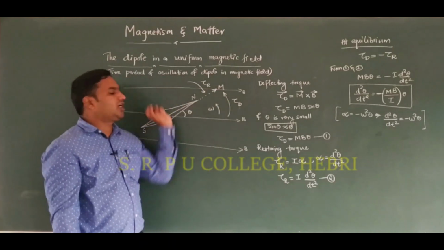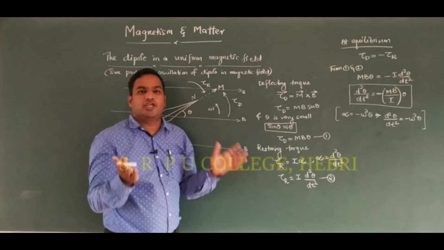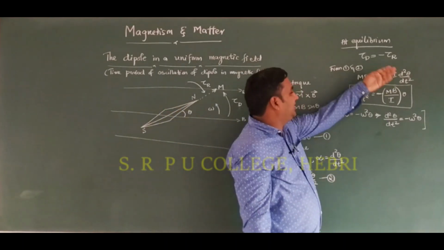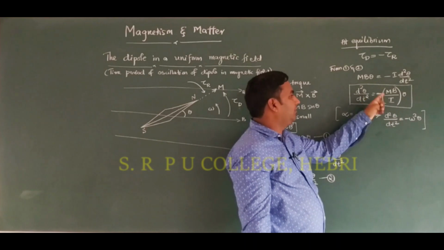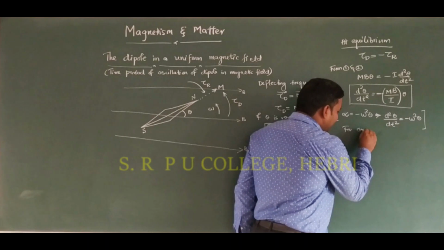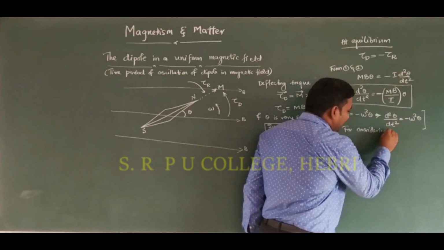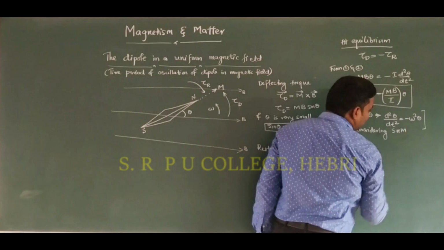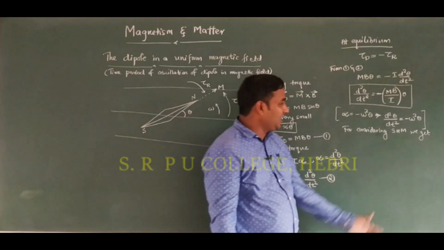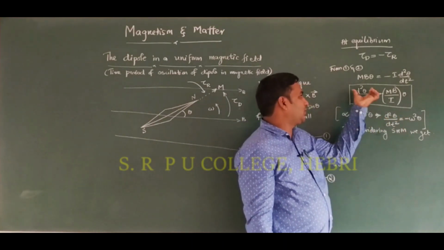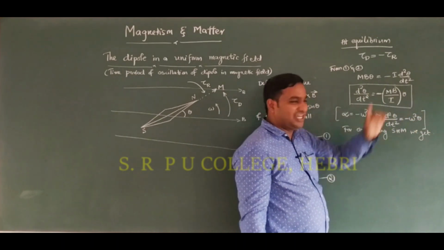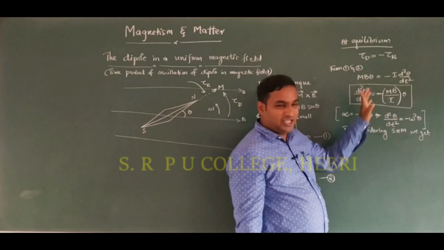The magnetic needle starts rotating automatically, and there will be a formation of SHM. We call it simple harmonic motion. When you compare these two, for simple harmonic motion, d square theta divided by dt square on both sides are the same, theta is there, minus is there.